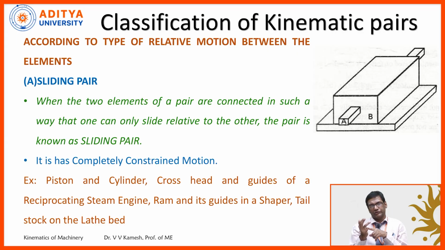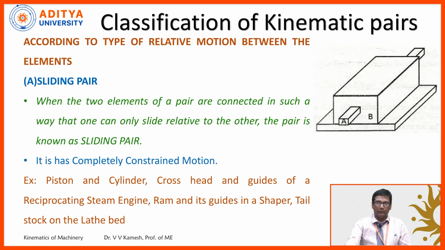One is completely constrained. By its own configuration, the constrained motion is perfect. Perfect means only in one direction. Suppose you have an incompletely constrained motion, and by means of an external application you make the motion happen, it is called successfully constrained.